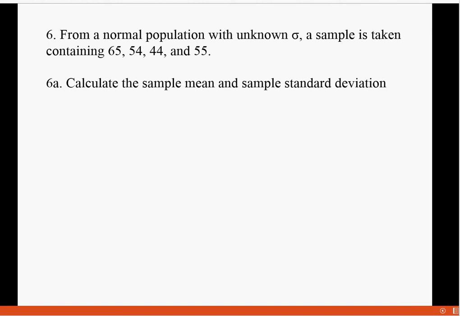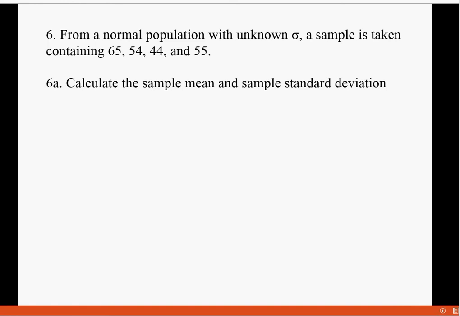Question number 6. From a normal population with unknown standard deviation, a sample is taken containing 4 numbers: 65, 54, 44, and 55. Now, this question is different from questions 1 through 5.